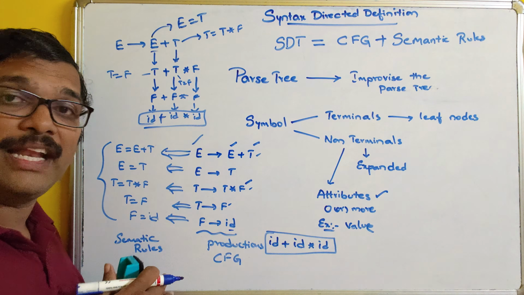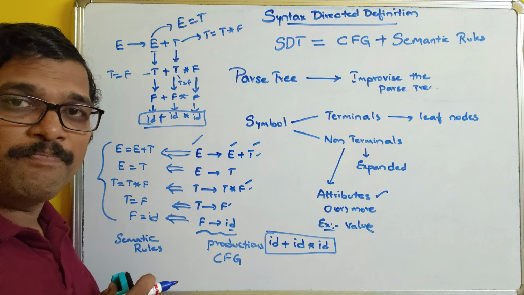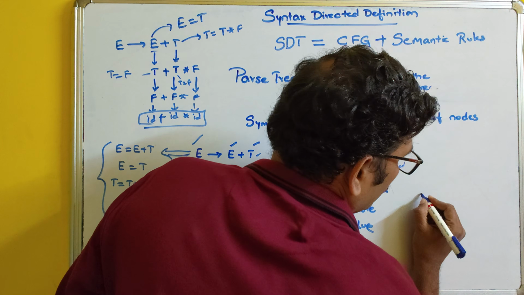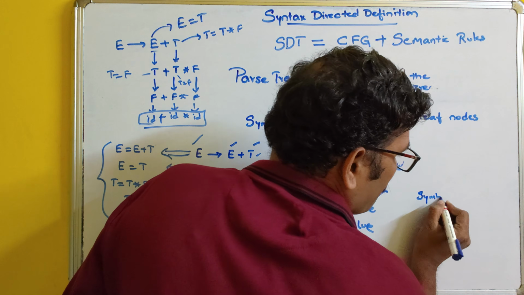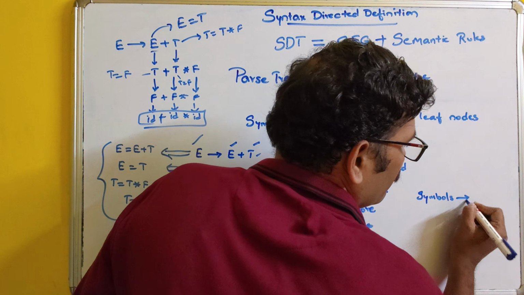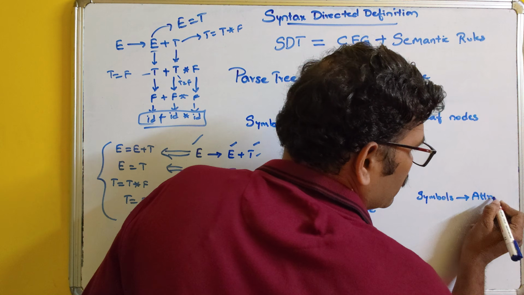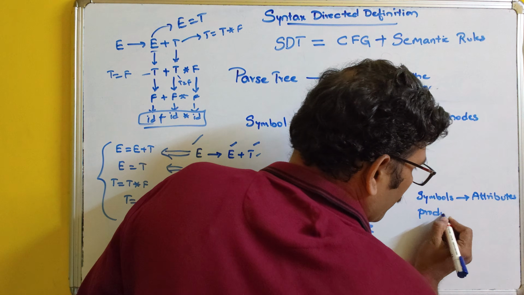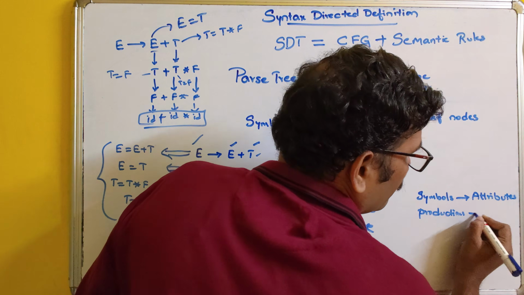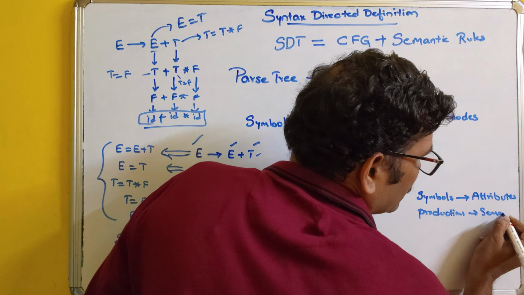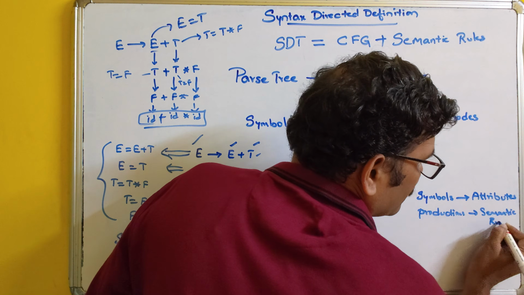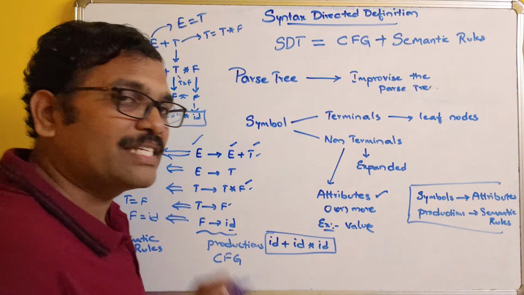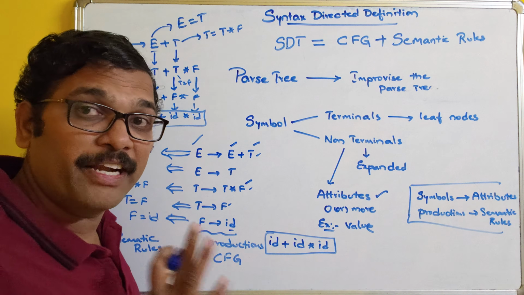There are different categories of attributes. One thing I will tell you: symbols will be having attributes, and productions will be having semantic rules. Remember this one, and definitely you will understand everything. For symbols, there are attributes, the properties.